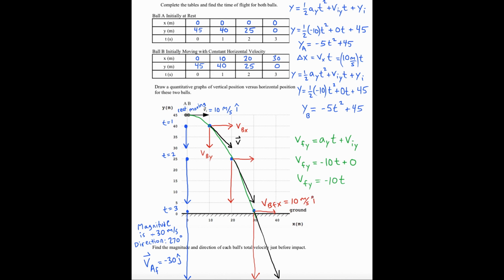It's 10 meters per second in the i direction. But VB final in the y direction will be negative 30 meters per second in the j hat direction.